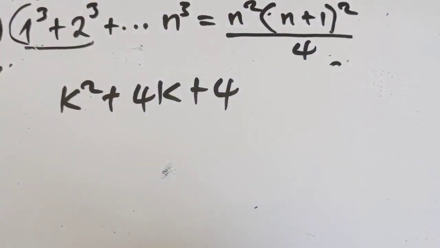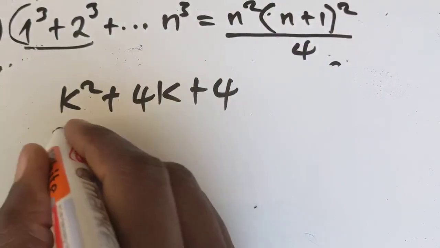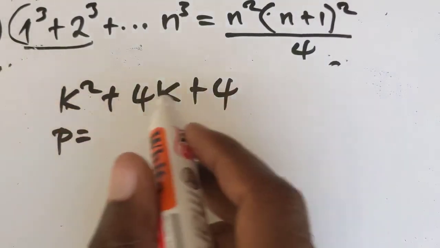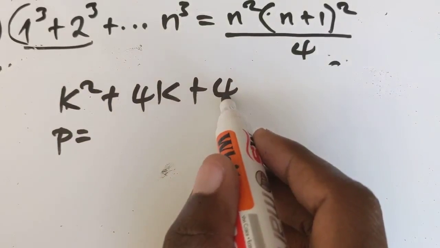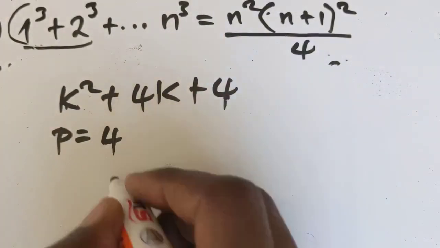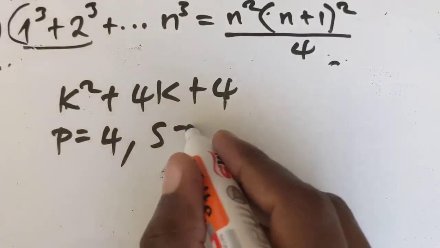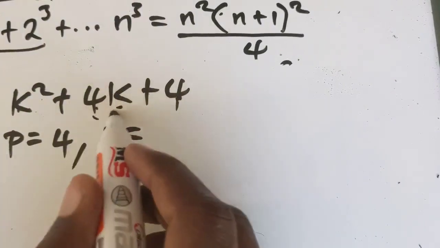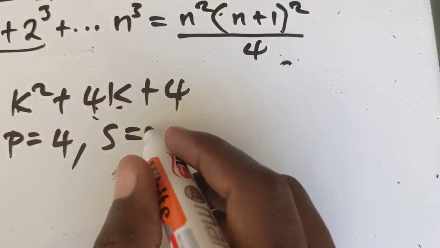This is the quadratic equation. If you want to find the product, you multiply the coefficient of k squared times the coefficient of c. So that is 1 times 4. That is going to give you 4. Then the sum is going to be the one in the middle, the coefficient of b.